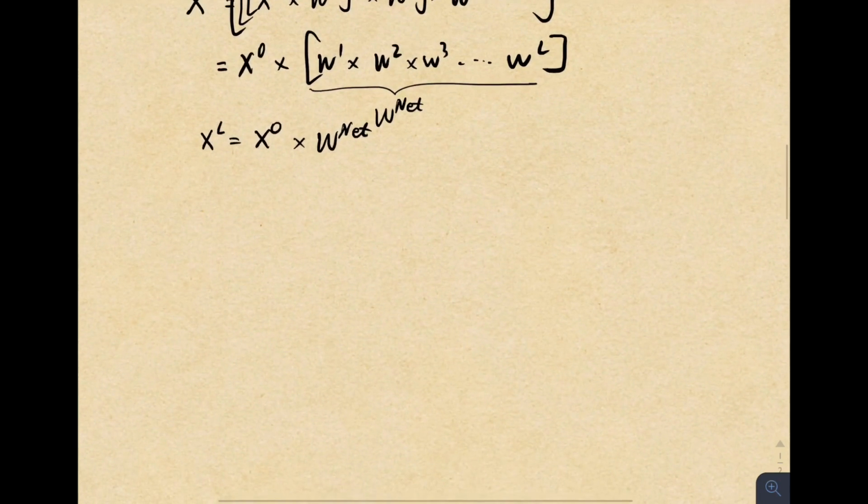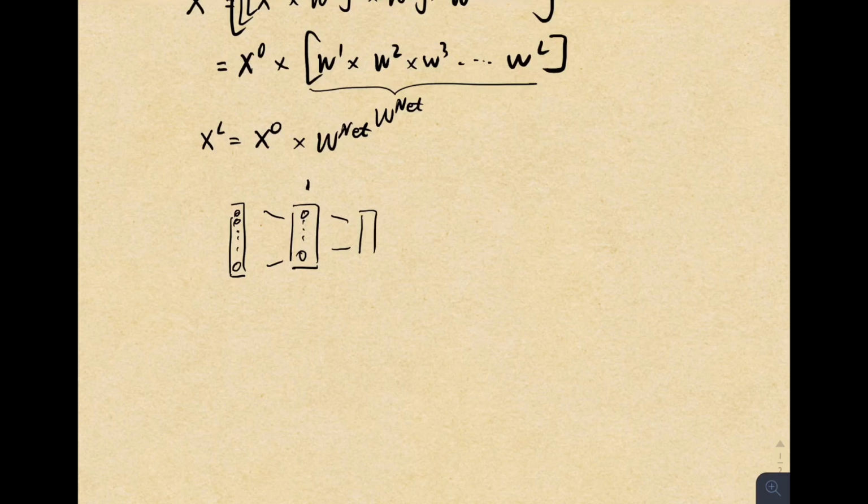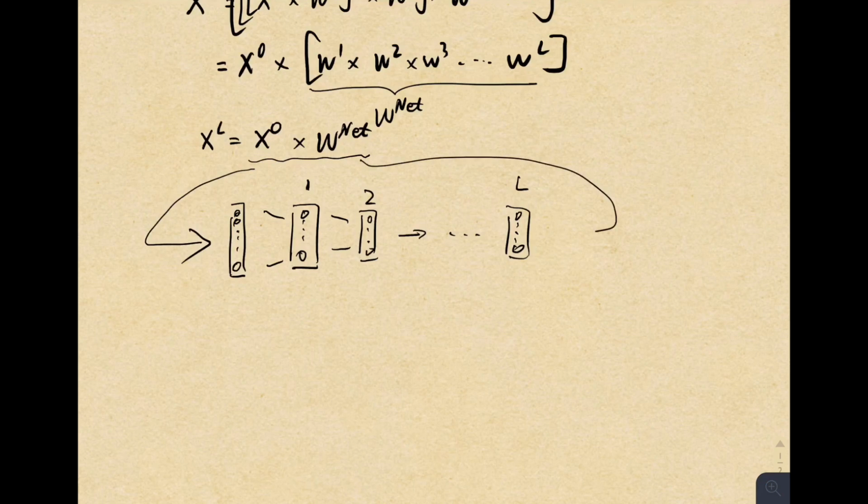Previously, we designed a network. This is the input of the neurons of the data, and this input is processed and then represented by a set of neurons of the first layer, and then neurons of the second layer, all the way until neurons of the Lth layer represent our final output. But now, with this representation, we actually squeeze the whole network into a very simple one.